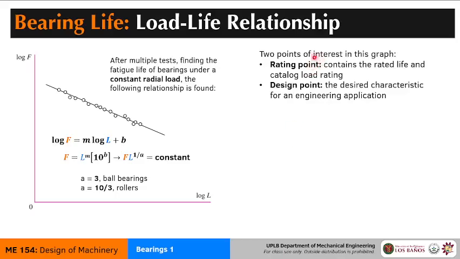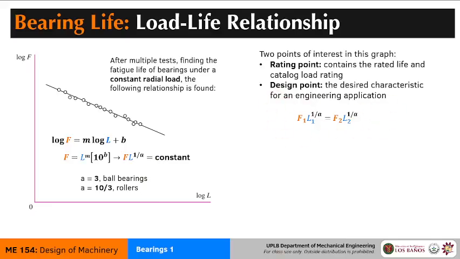You see the rated point on your brochure, but you intend to use the bearing for another kind of loading. This is the design point. In order to solve for design-related quantities, you just equate this term at the rating point to the design point, as shown here. So this is a constant relationship.